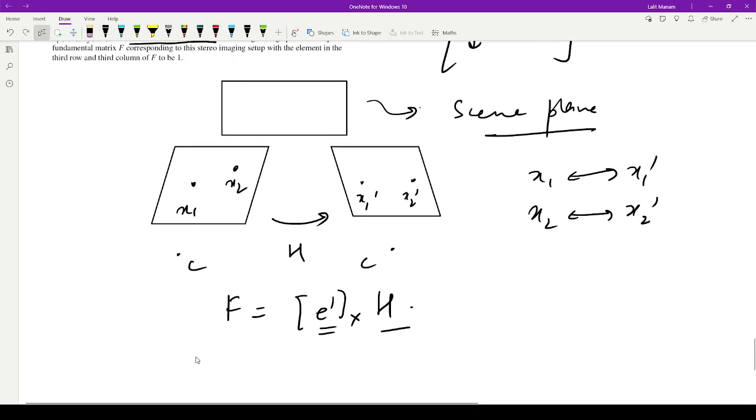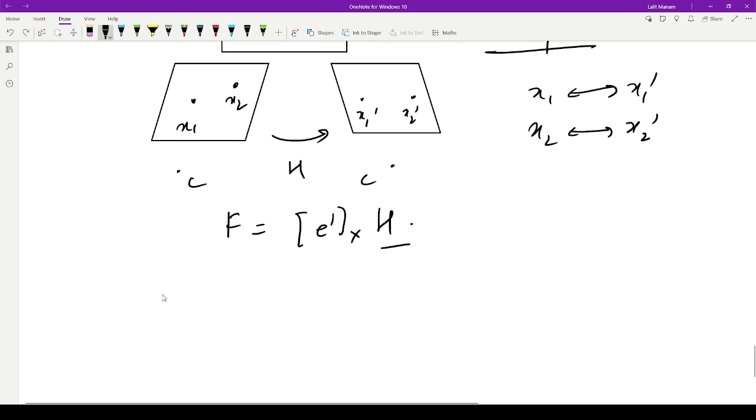E prime, if you have two lines L1 prime and L2 prime in the right image plane, then you can just take a cross product. So the point is now how to find L1 prime, L2 prime. How can you find that? You're given homography, right?